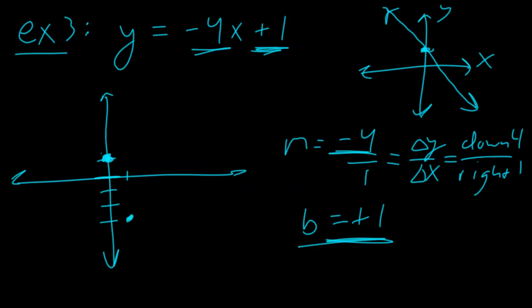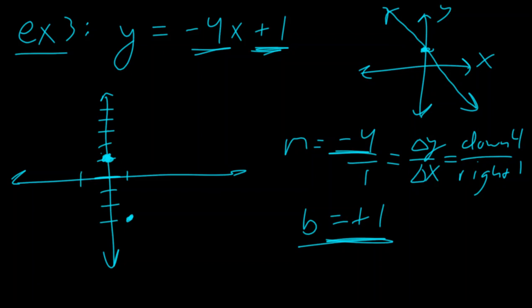But notice this, if I went down 4 more, I might run off the graph. So this is a cool trick too. Instead of going down 4 and to the right 1, what do you think would be the exact opposite of that? Well, we just flip the direction for both parts. So instead of down 4, we can go up 1, 2, 3, 4. And instead of going to the right 1, we can go to the left 1.